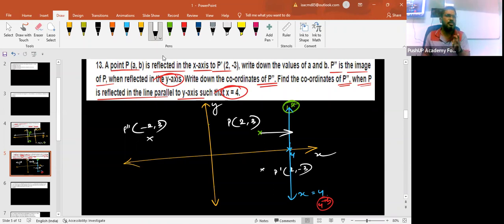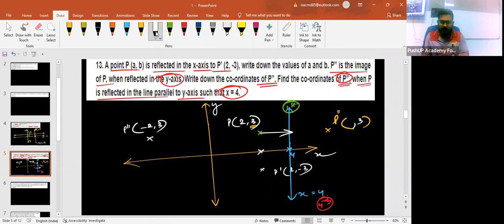So there will be no change in the y coordinate, isn't it? So 3 will remain 3 itself. The reflected point is over here, which is P double dash. So there is no change in the y coordinate.